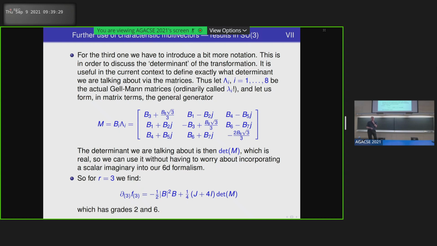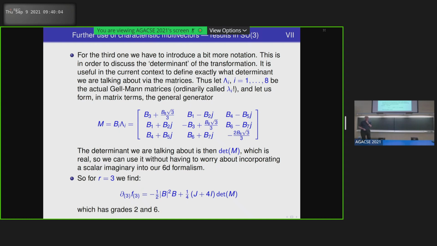We get a matrix M, which is given by this. And the determinant of this matrix M is real. So we're quite lucky. It means we can use it without having to worry about incorporating a scalar imaginary, which I call J here, into our 6D formalism. And what you find is that for R equals 3, the third multivector is this thing here. It's got grades 2 and 6. Then we get a bit here that just multiplies B. And then there's a J plus 4I det M.